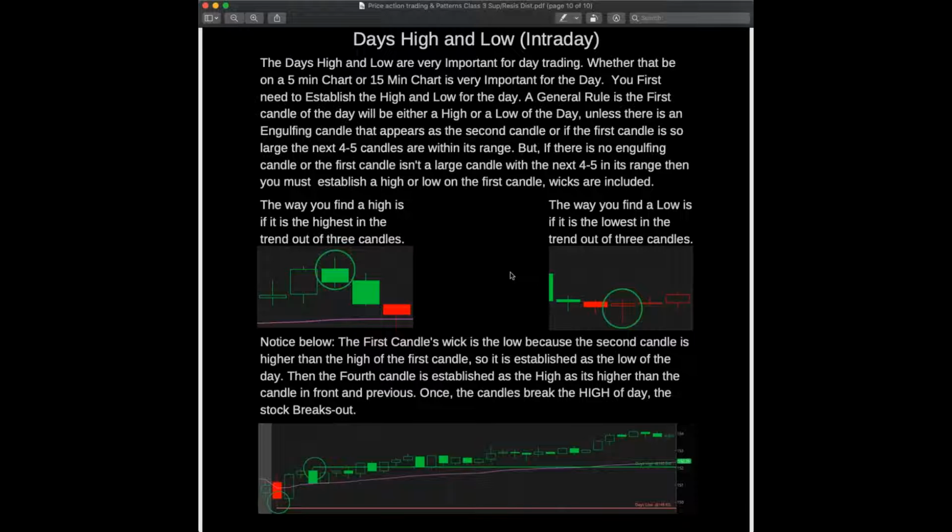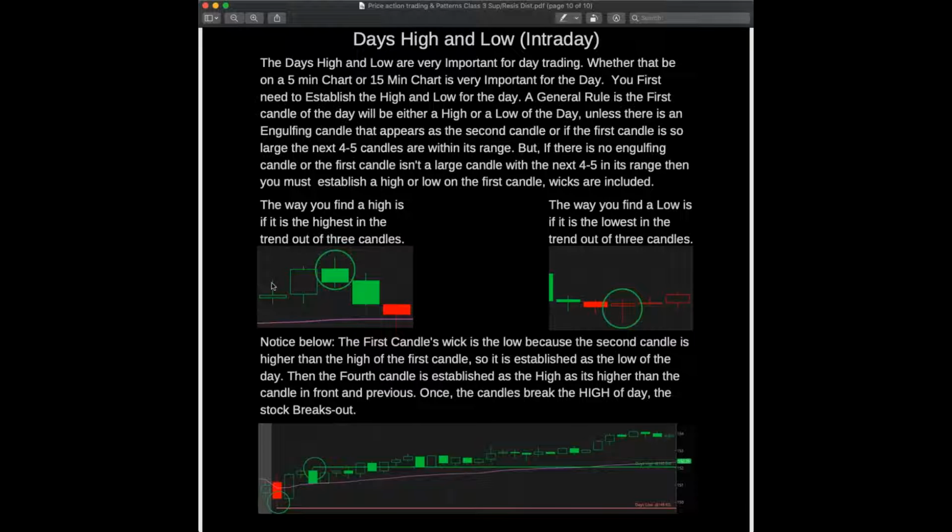So here we see, how do we find the high? Well, the way you find the high is it is the highest high in the trend. The first highest high in the trend, which is out of what? 3 candles. Why? It's like it's on a pedestal between the other 2 candles.